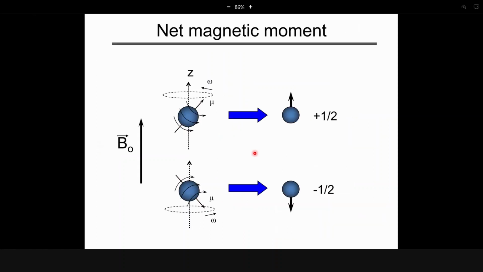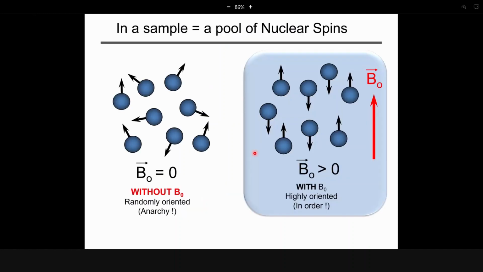This is the true population of nuclei when we apply only B0. In a sample, when you don't apply any external magnetic field, we have anarchy.